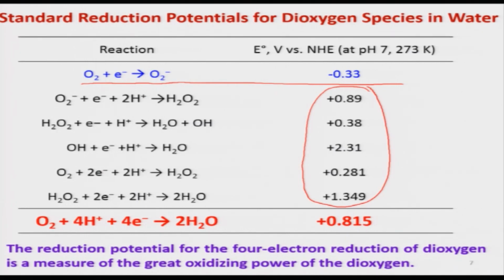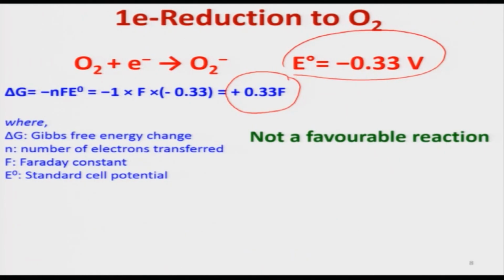That means the oxidizing power of dioxygen, which is clearly reflected at the end, like O2 plus 4 H plus 4 electron gives rise to water with a potential of 0.815. This is highly favorable, but this one electron reduction is an unfavorable reaction.